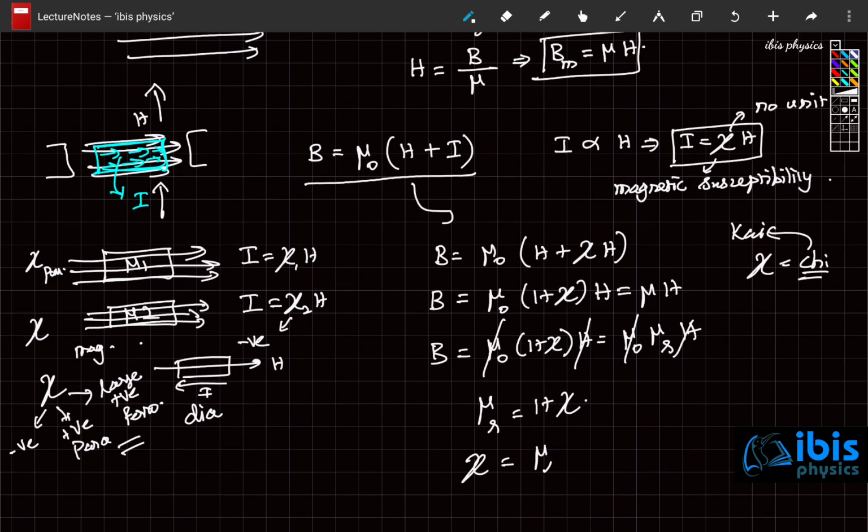In other words, chi is equal to mu r minus 1. This mu r is called relative permeability, and both mu r and chi do not have units.